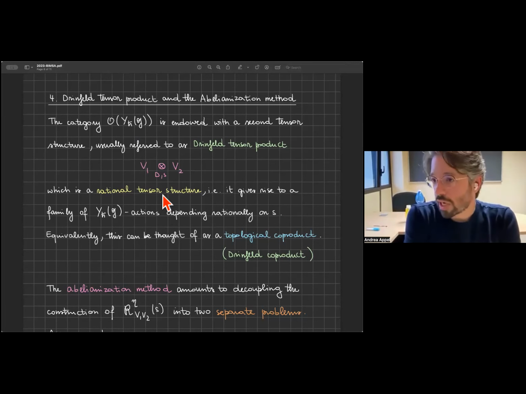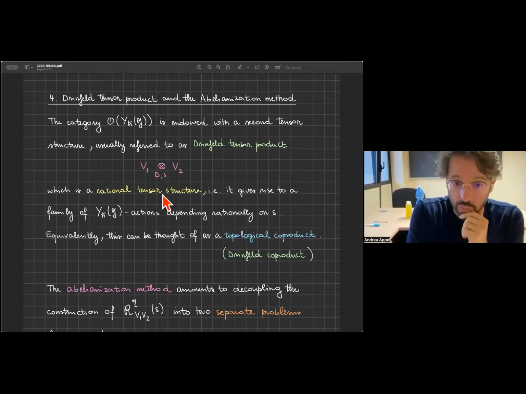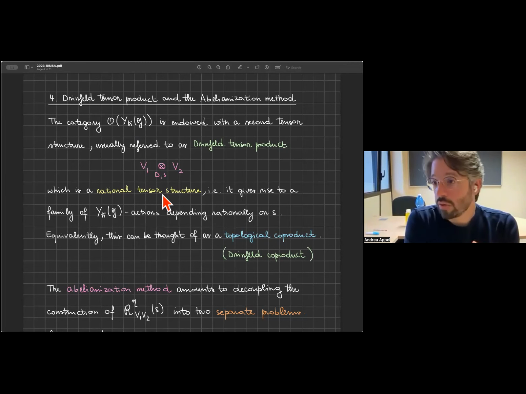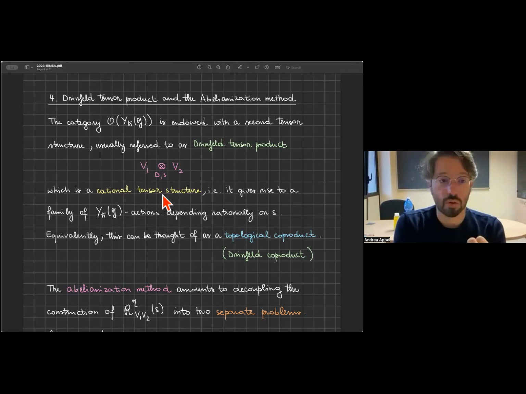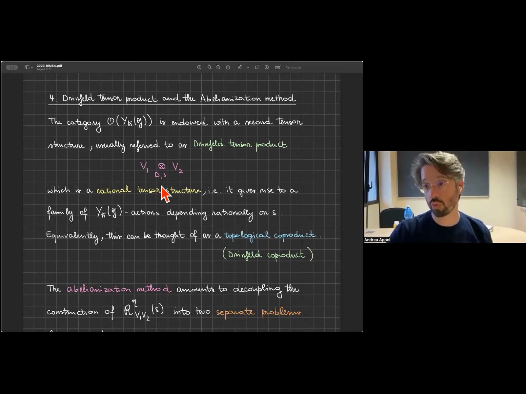Now, in order to describe the strategy that we apply to produce this operator, one should make another observation: in fact this category O possesses another tensor structure, which is also a meromorphic tensor structure. So it's a tensor product that also depends on a parameter, and the dependence on this parameter, on the other hand, is rational, not polynomial.